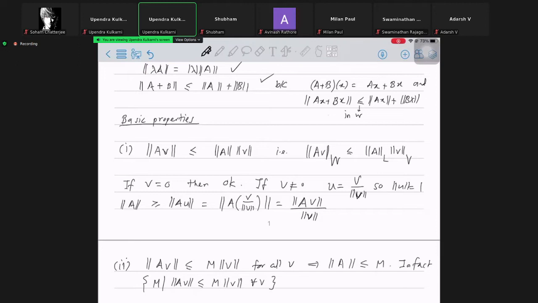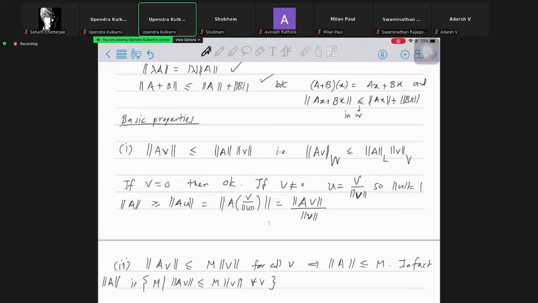Then what will the norm of A be related to? We know that the norm of A is less than everything in this set.